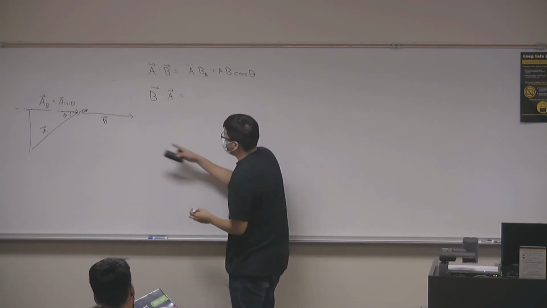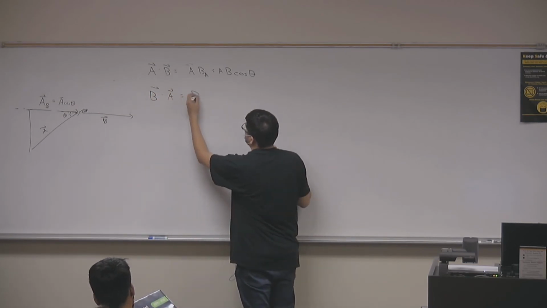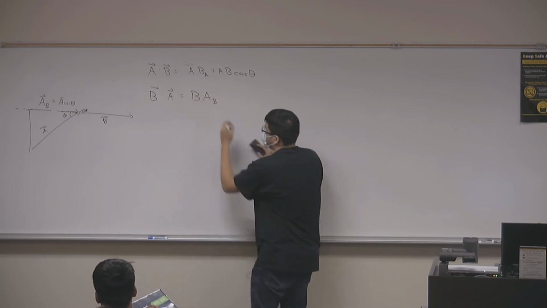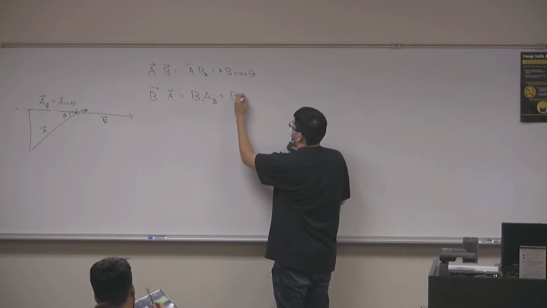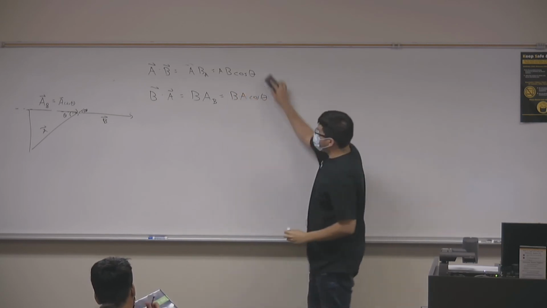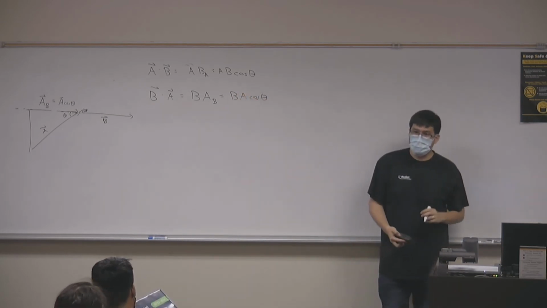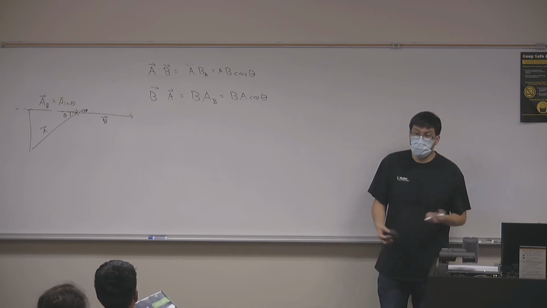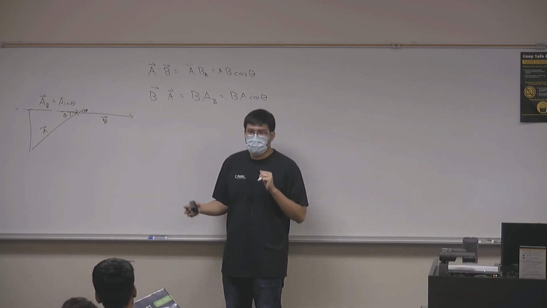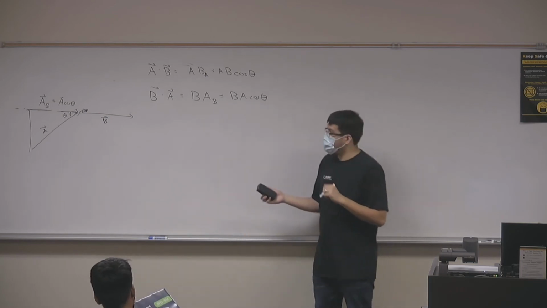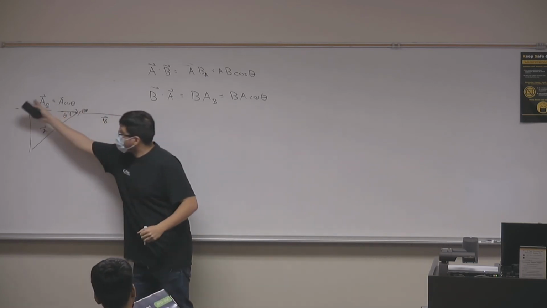I have my vector B. I multiply it times my projected vector A. And my projected vector A is simply A cosine theta. What's the difference between these two? There is no difference, which means that the dot product is commutative, right? A dot B equals B dot A, because this product will be the same.